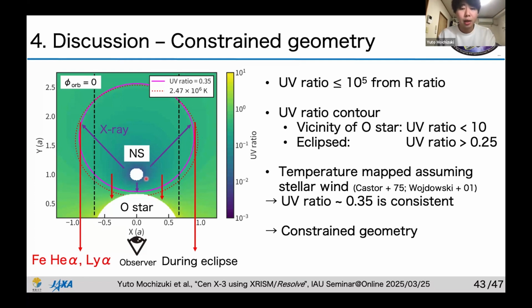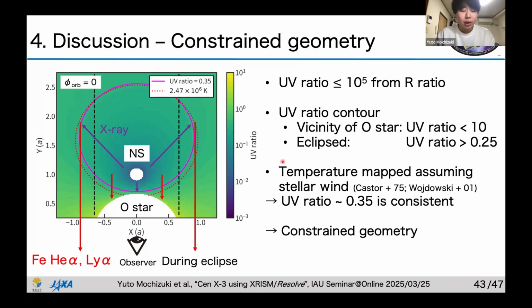And since the plasma size cannot be smaller than that of the O-star, because during eclipse we cannot see the plasma, we can evaluate the lower limit of the UV ratio to be 0.25.